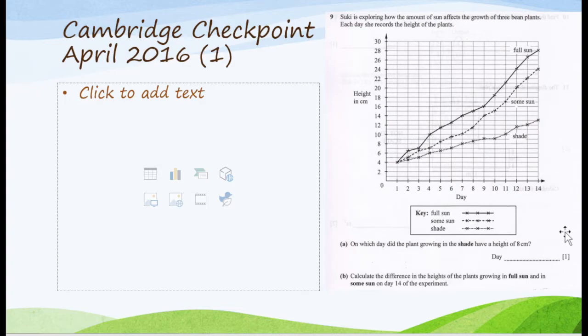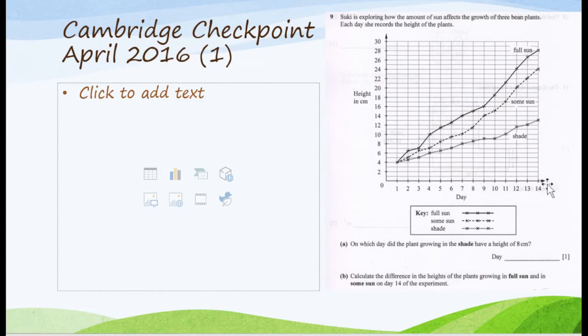And we know that if we put plants under shade, the growth would not be really good, right? Because look, this one is the height, and the height is the lowest for the one under shade. But if you put a plant under full sun, then it can reach optimal growth, right? Because the height in centimeters is the highest here.